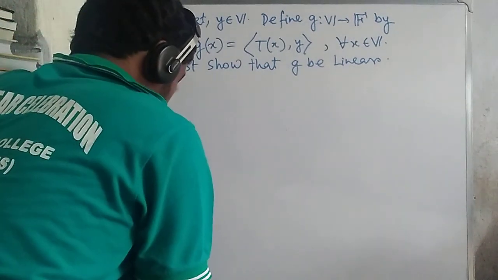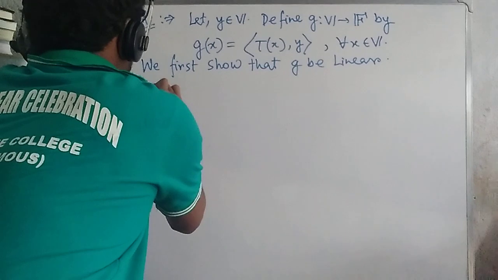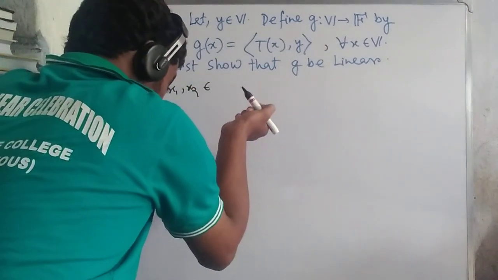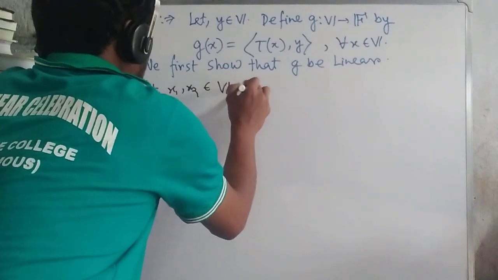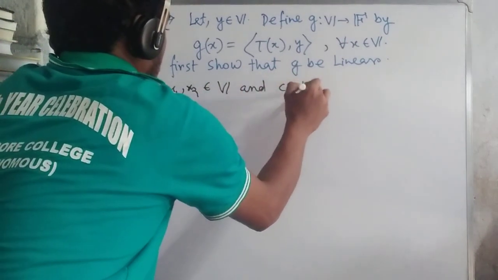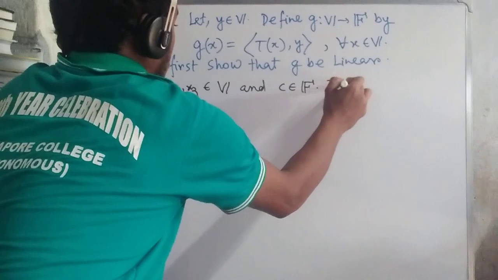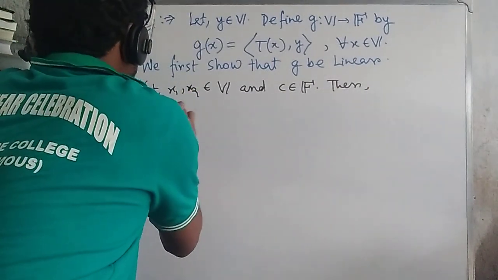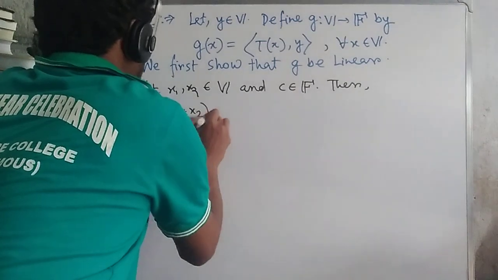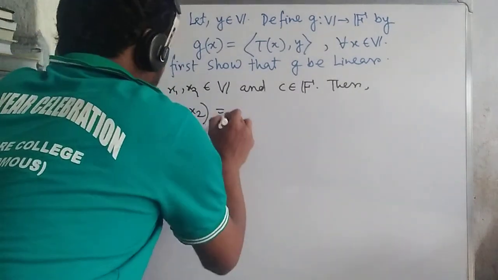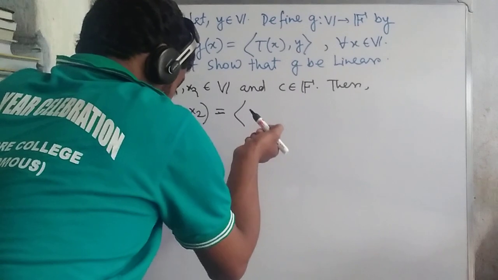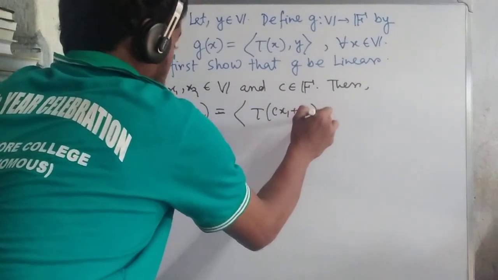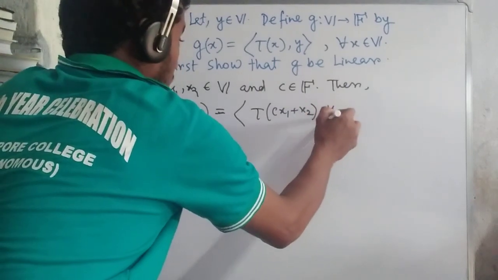Let x1, x2 belong to V and c belongs to F. Then g(cx1 + x2) equals the inner product of T(cx1 + x2) and y.